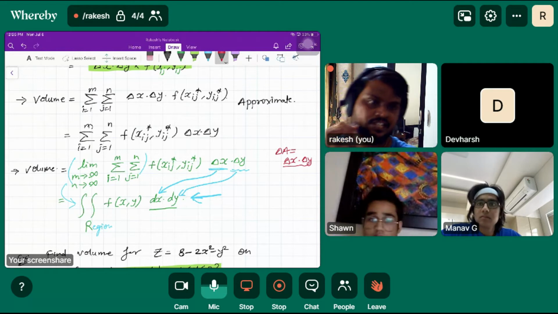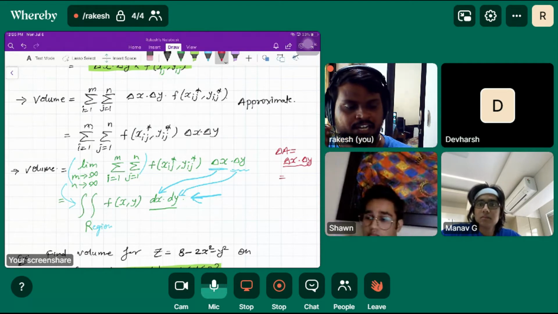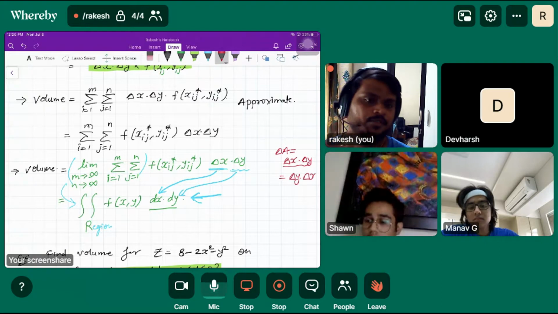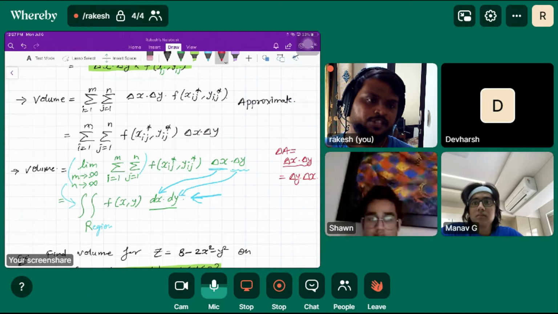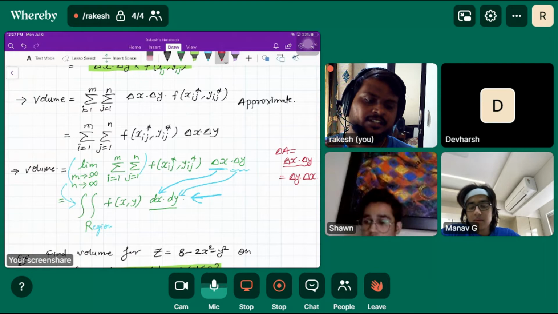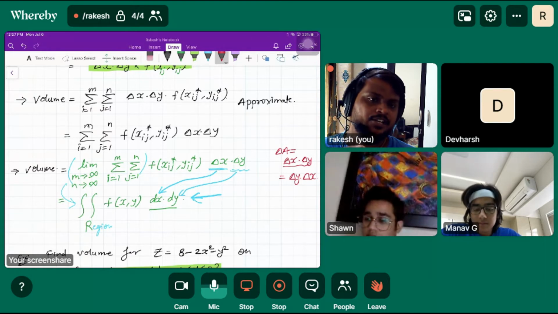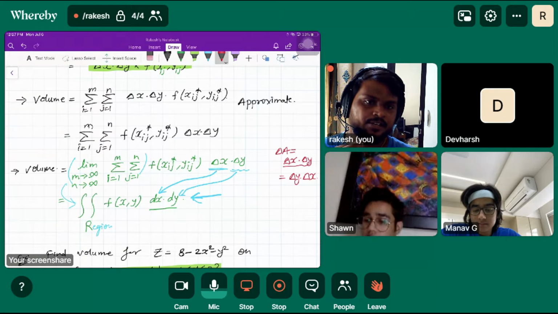So delta x into delta y and delta y into delta x are both the same thing because multiplication is commutative, isn't it? So delta x into delta y is the same as delta y into delta x, right?